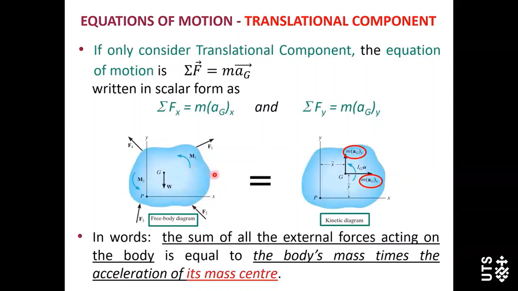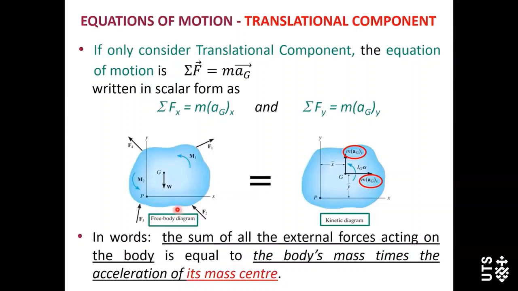And here, the rigid body may undergo translation, rotation about a fixed axis, or general plane motion. On the left side, this is free body diagram. And in this diagram, all external forces, including couple moment, M2, M1, they are couple moments, need to be indicated.